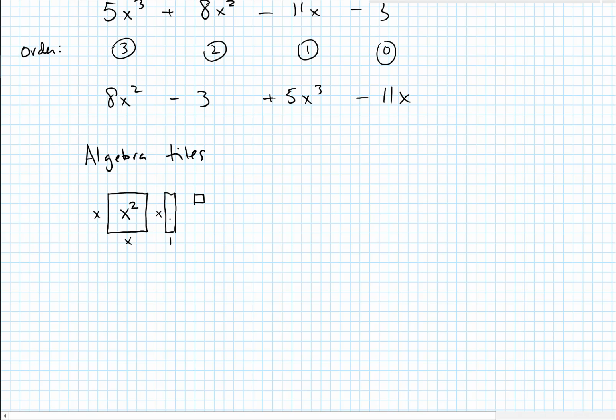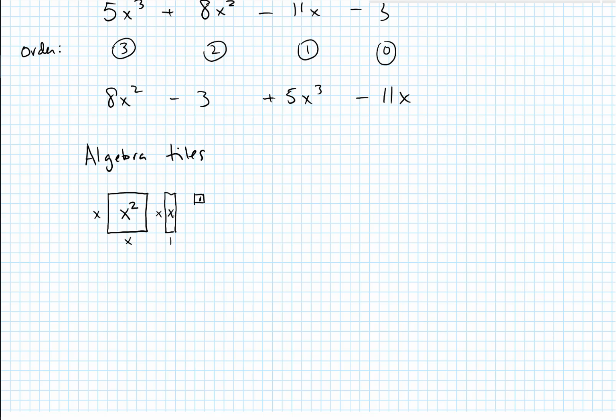So that tile is just an x tile. And the 1, the small square, represents 1, and it has the same width as the rectangle, but not the same length. Now, because x is meant to represent a variable quantity, x could really be anything from 1 to 10 to 100 or 1,000.